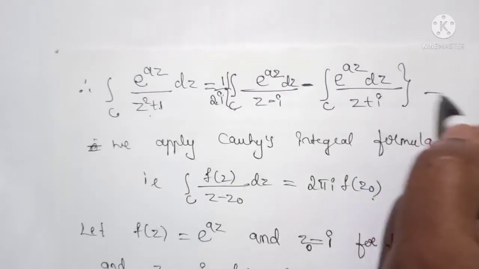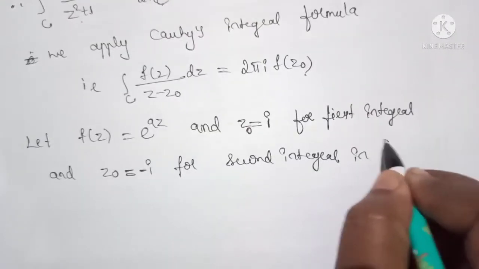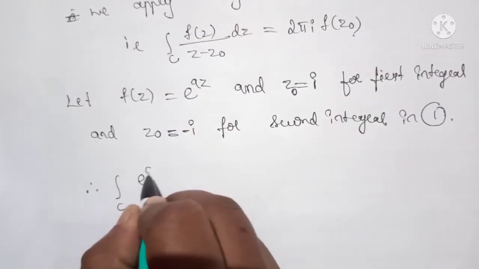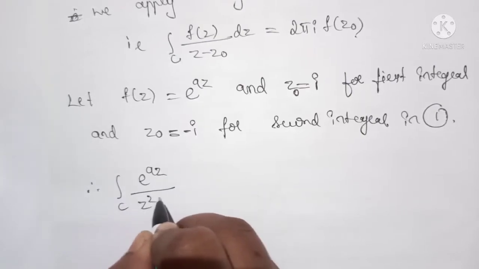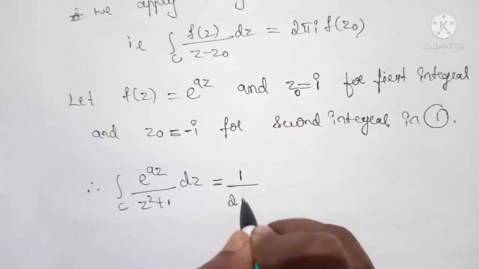Or you can give a name to this equation, equation 1. So therefore the integral over c of e raised to az divided by z square plus 1 dz can be written as 1 divided by 2i.